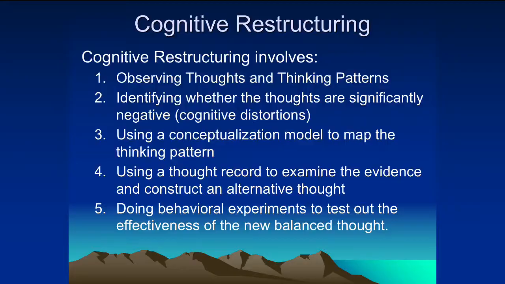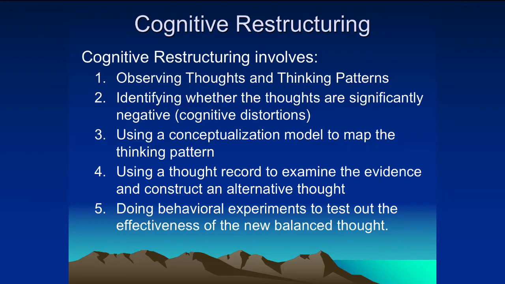So when we use the term cognitive restructuring, what do we mean? We mean that there's a step-by-step process that we use. We observe the thoughts and their thinking patterns. We identify whether the thoughts are significantly negative. Sometimes we use a list of what's called cognitive distortions. We can talk about that a little bit later.